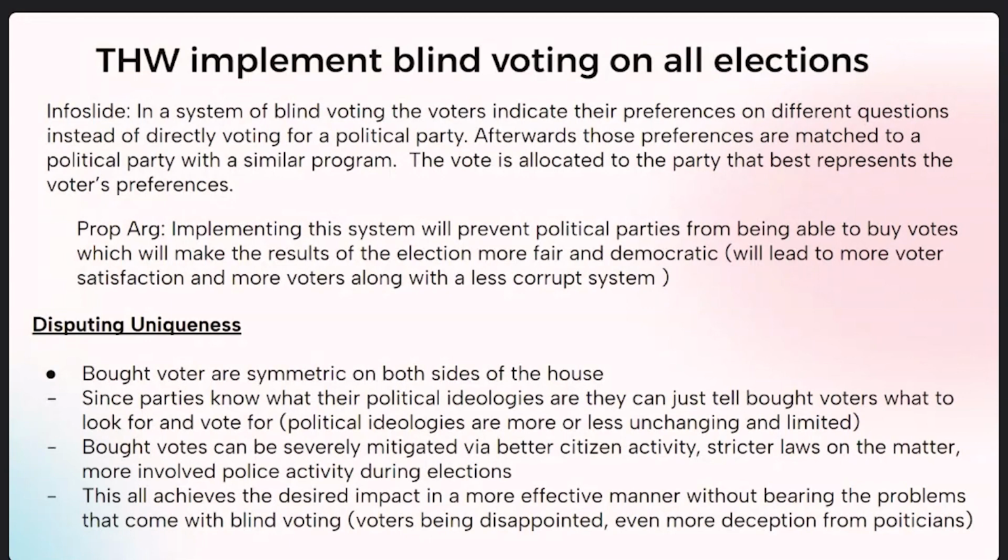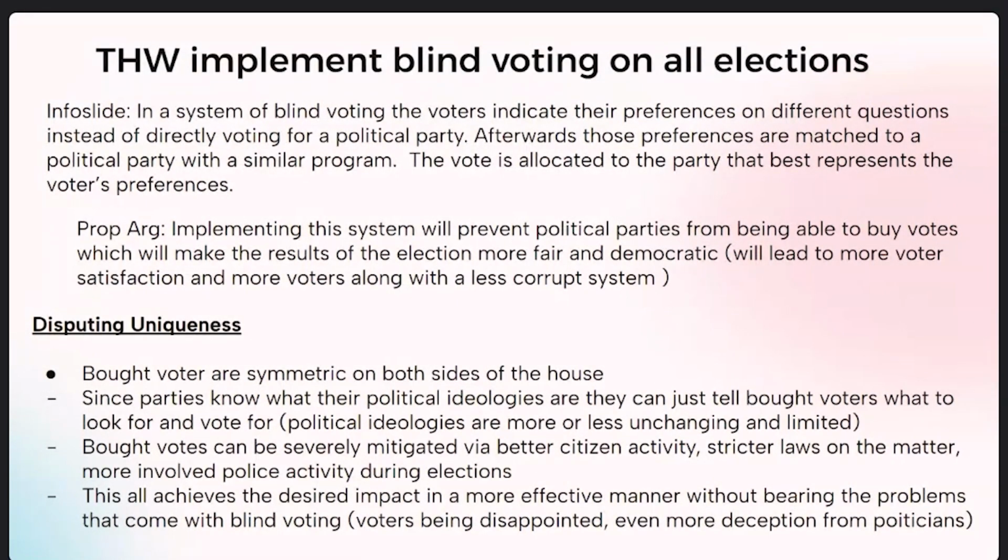Now we're taking the motion, this House would implement blind voting on all elections. And this motion has an info slide. In a system of blind voting, the voters indicate their preferences on different questions instead of directly voting for a political party. Afterwards, those preferences are matched to a political party with a similar program. The vote is allocated to the party that best represents the voters' preferences.